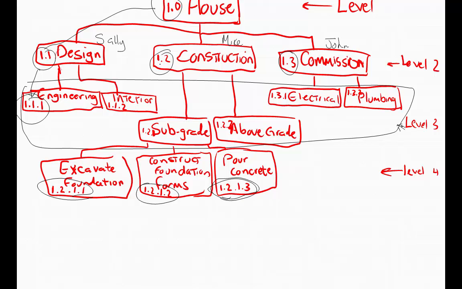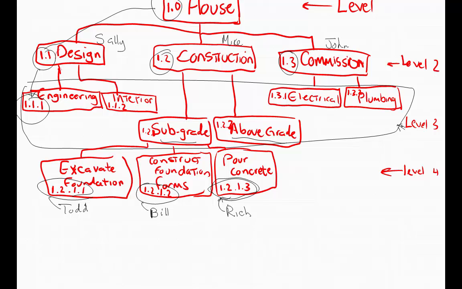So he can either assign sub-deliverables such as subgrade and above grade construction to two supervisors, or depending on the structure of the organization, he can assign work packages directly to his team. Todd's going to be responsible for this work package. Bill is going to be responsible for this work package, and Rich is going to be responsible for this work package. So your WBS can be a useful tool for assigning tasks to your team members.